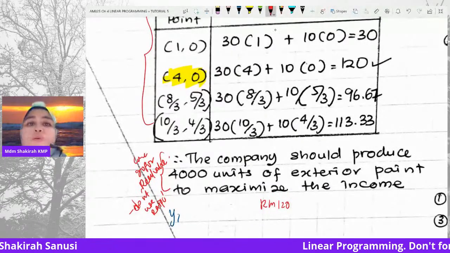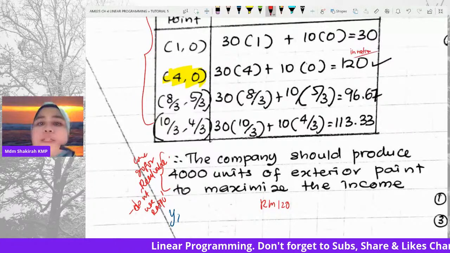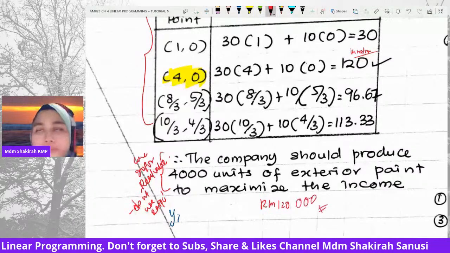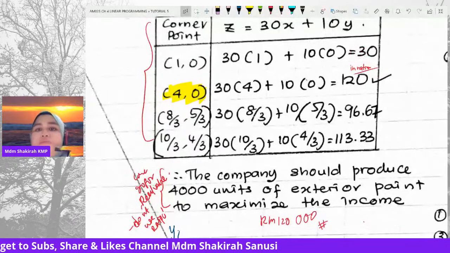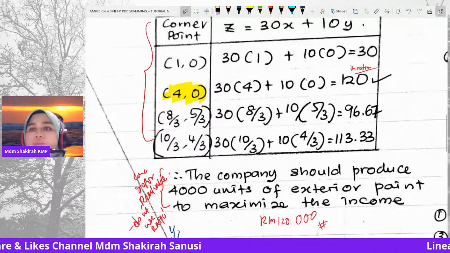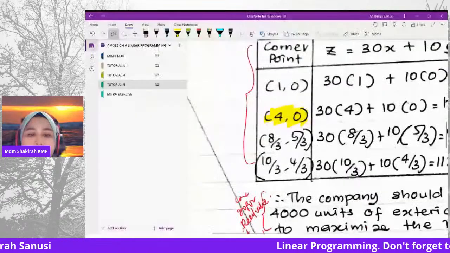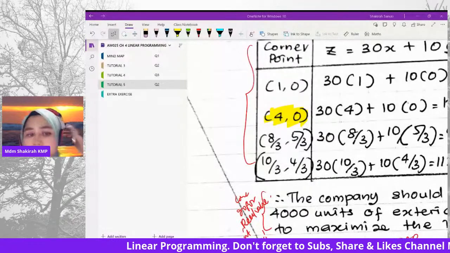This one is in ratio. Okay. So bila dalam jawapan akhir, kita kena buat dia dalam 1,000. Okay. That's it. Okay. Bunyi panjang tapi tak panjang pun sebenarnya. Just nak bagi awak you can see, you can understand well. Alright.